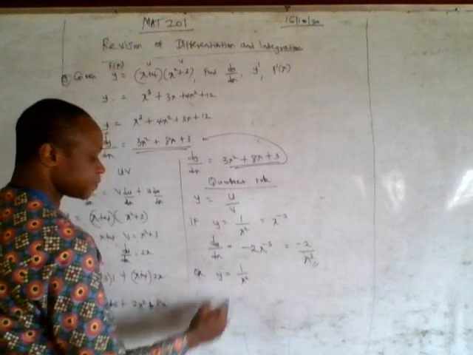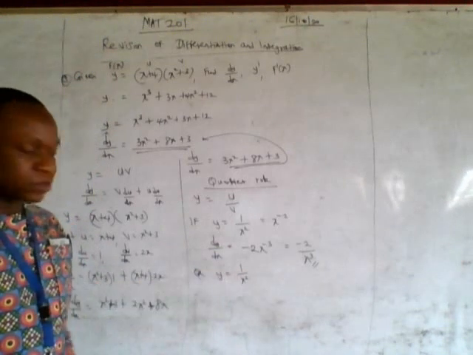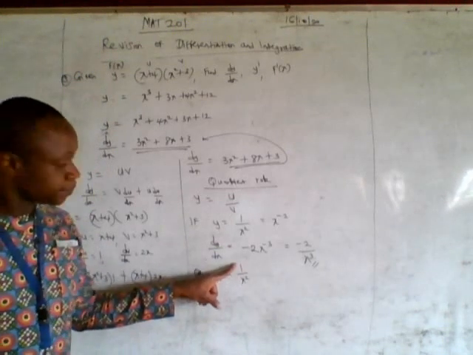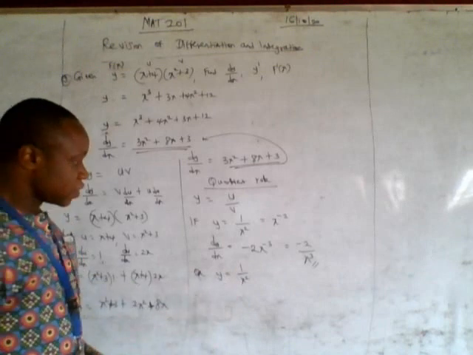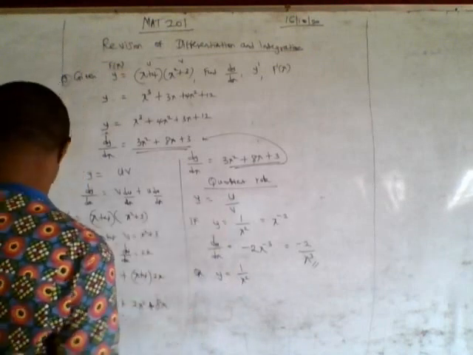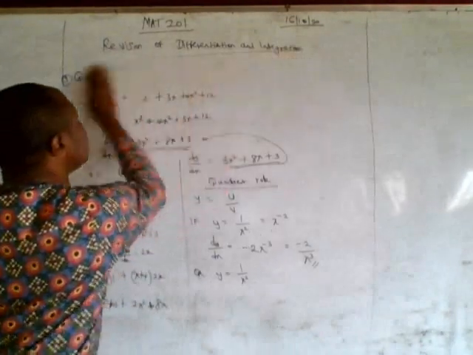Alternatively, we can treat y equals 1 over x squared as a quotient of two functions. We have a numerator, which is 1, and a denominator, which is x squared. So we could use the quotient rule, and I want to introduce the rule.